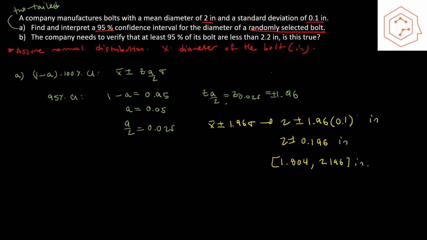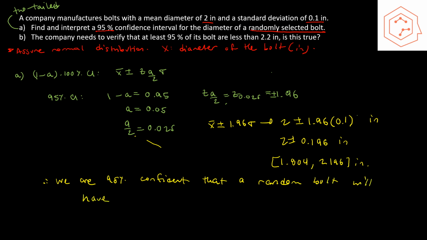And so it's 95% likely, and that means we're 95% confident. Therefore, we are 95% confident that a random bolt will have a diameter between 1.804 inches to 2.196 inches.